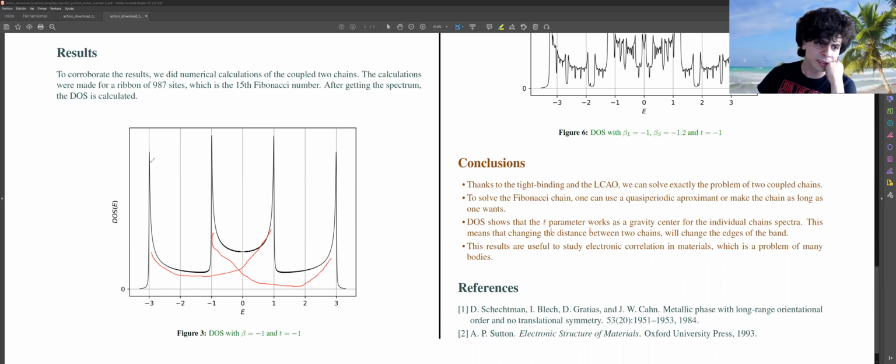What we see is that this part of the spectrum and this other one are the density of states of single linear chains. They are centered, with the gravity center, at 1 and -1, as we see in the energy spectrum.